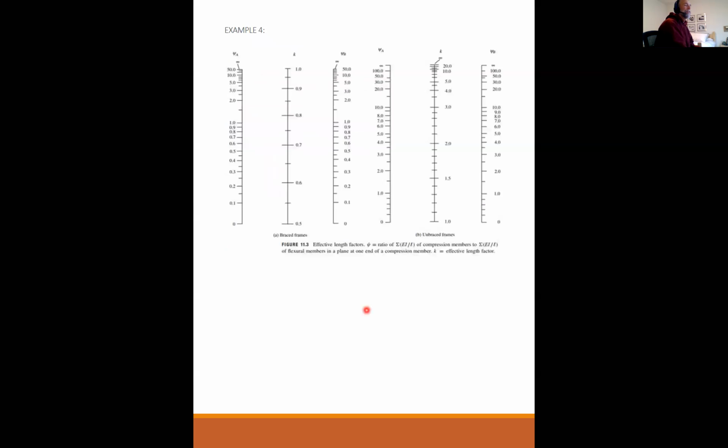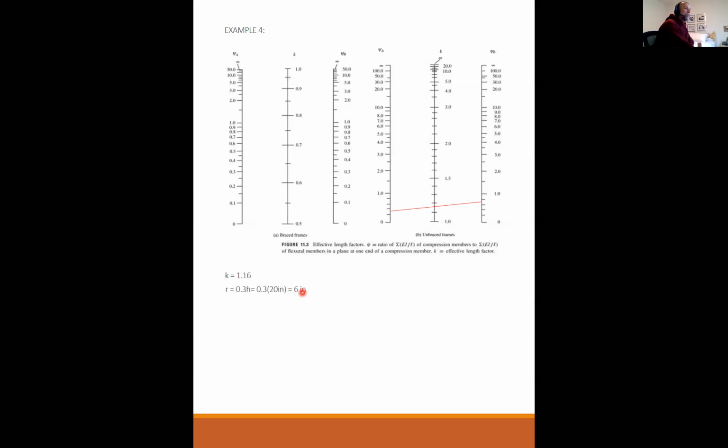Now we're going to go back to our alignment charts, but this time you have to go to the unbraced frames, not the braced frames. Makes a huge difference. And so I plug in my 0.356 and my 0.6-something that I just had. I read off the chart here, and I get a K value of 1.16.